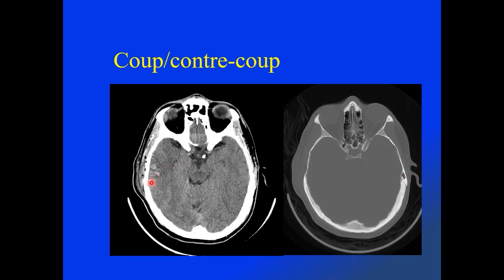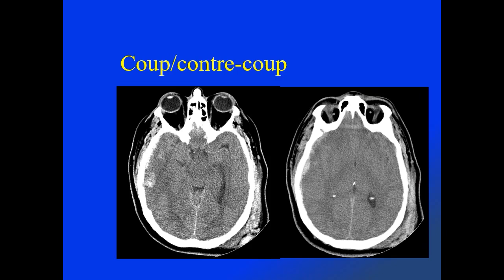This patient also demonstrated additional areas of parenchymal hemorrhages and minimally depressed fracture involving the right temporal bone. Again, showing coup and contra coup injuries with parenchymal hemorrhages.